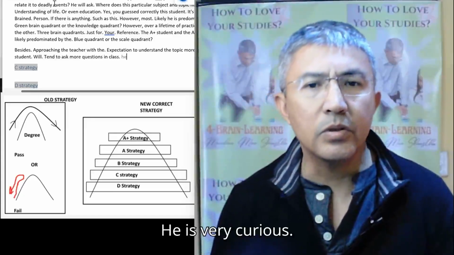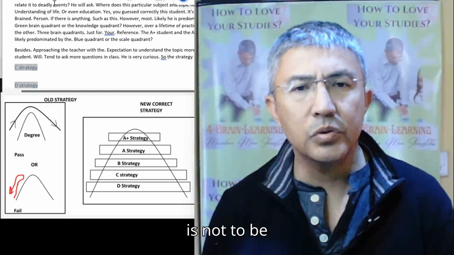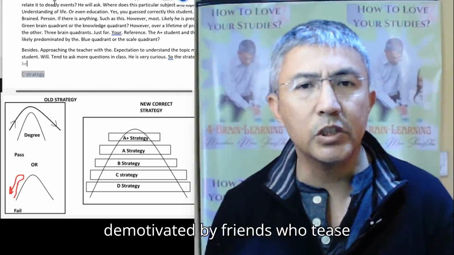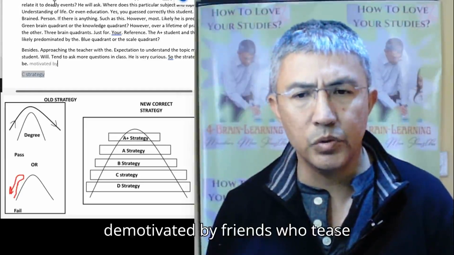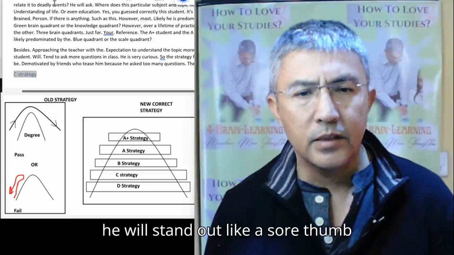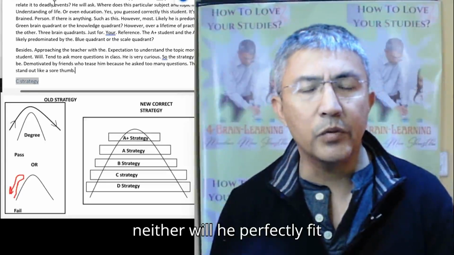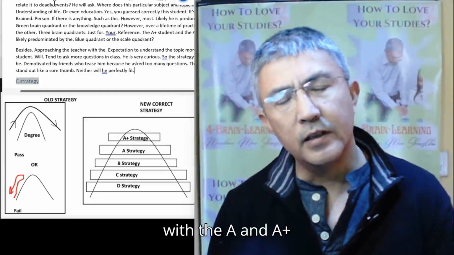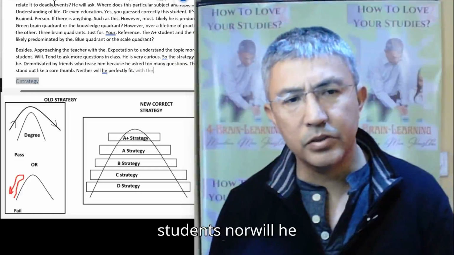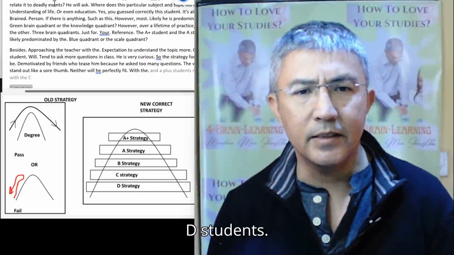He is very curious. So the strategy for him is not to be demotivated by friends who tease him because he asks too many questions. The way he is, he will stand out like a sore thumb. Neither will he perfectly fit with the A and A plus students, nor will he fit with the C and D students.